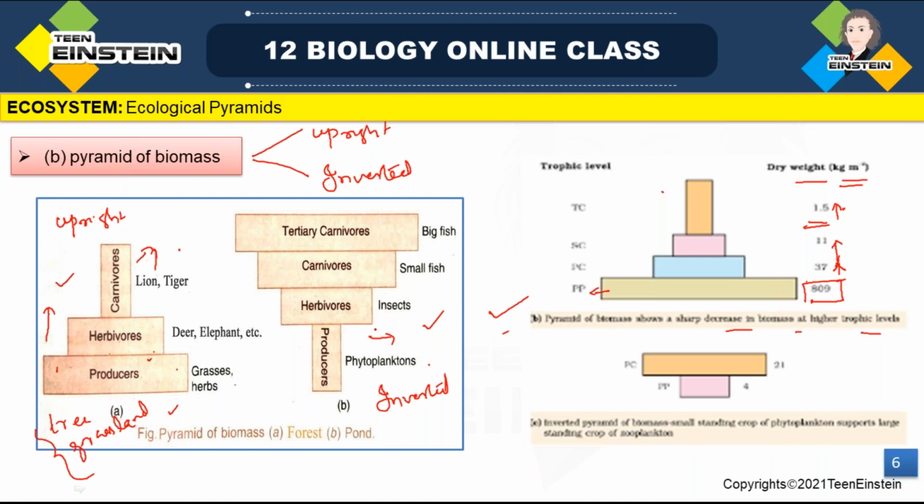because the lifespan of zooplankton is longer when compared to the phytoplanktons, and a number of generations of phytoplanktons will be consumed by a single generation of zooplanktons.